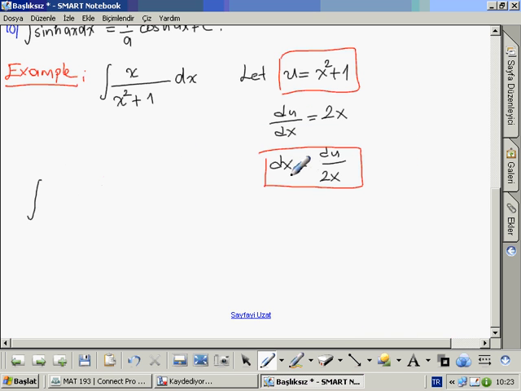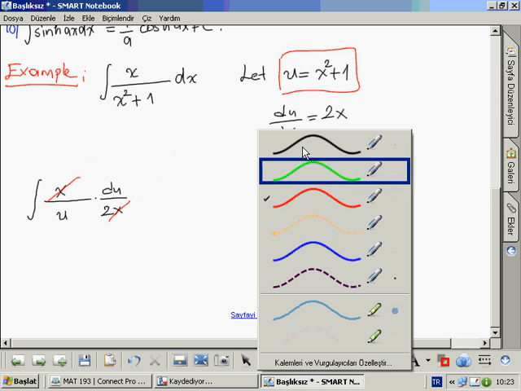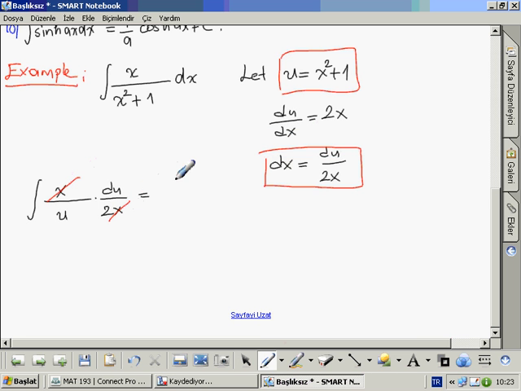Look at that. When I have found dx equals du over 2x, the integral of x over x squared plus 1 was u, times dx, which was du over 2x. This part will be cancelled, and because of the multiplication rule we get the integral of du over u, and the 1 over 2, of course, because of the 2 here.